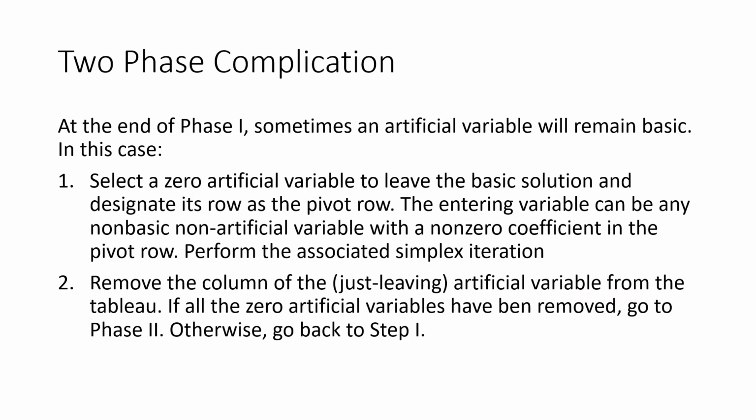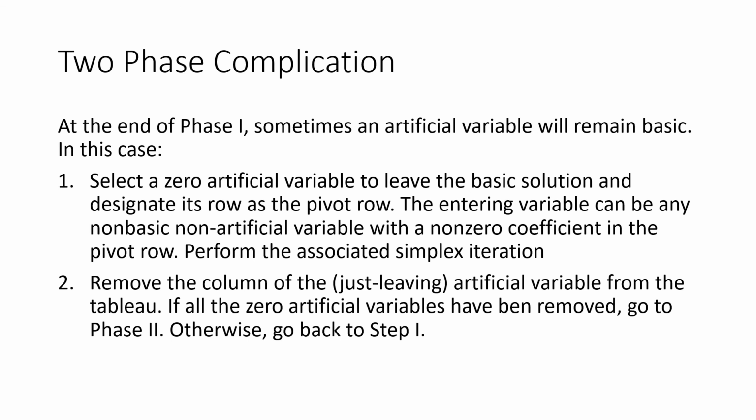Now, there's a complication with this. When we have the two-phase method, you remember that we ended up with our artificial variables at the end of phase one. Our artificial variables had become non-basic. So the basic variables in the example we saw before were x1 and x2. They were some of our original variables. They could be the slack variables or the surplus variables as well.